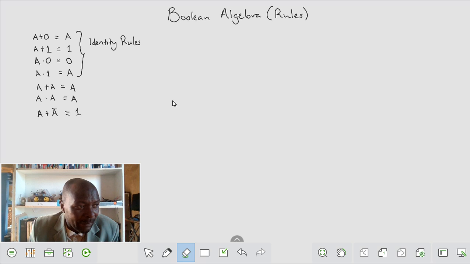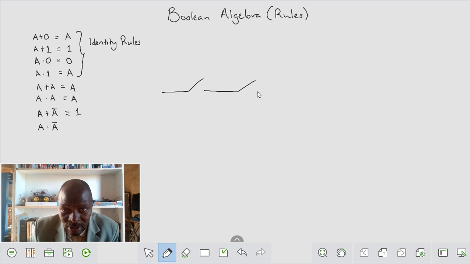Now the alternative to that one could have been A and not A. Now we have a switch like this and one control, so it's one switch, but the other line is closed.